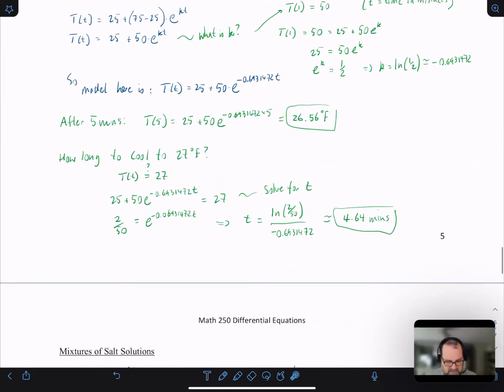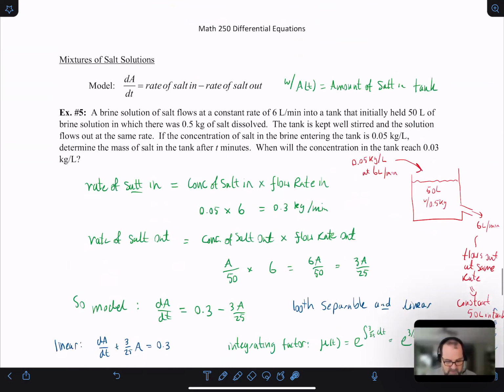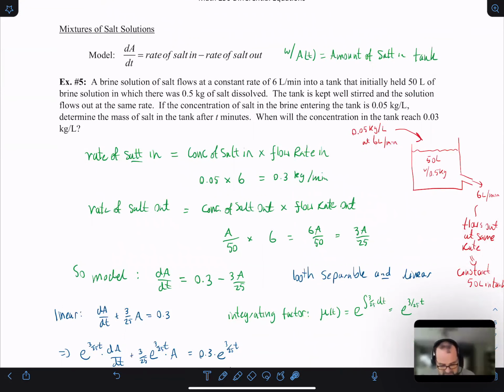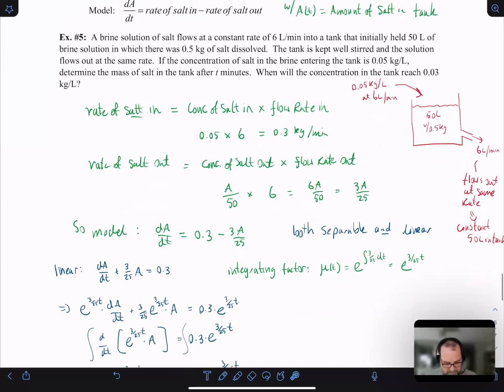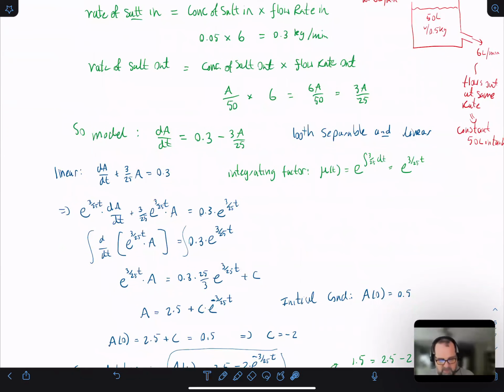All right, other preview integrals we're going to look at: mixtures of salt solutions. Again, we will go through this model and application together, but we run into a certain type of differential equation when we do this. They're not difficult. If you look at this one right here, you will find that it is actually both separable and linear.